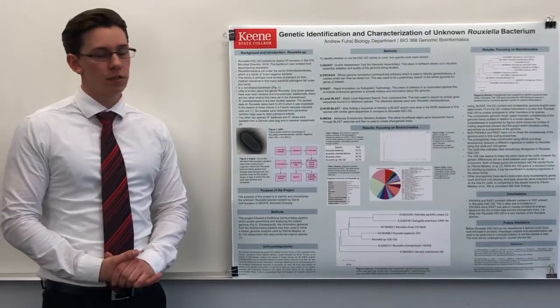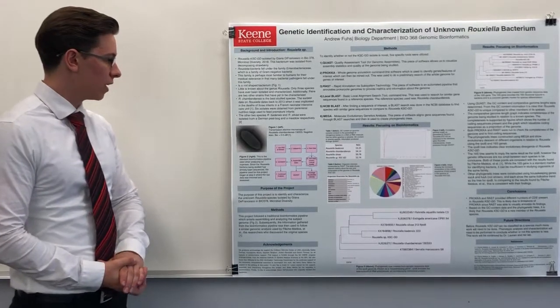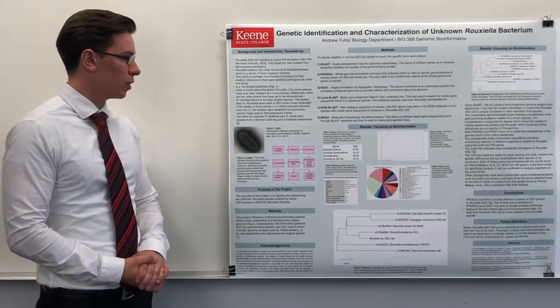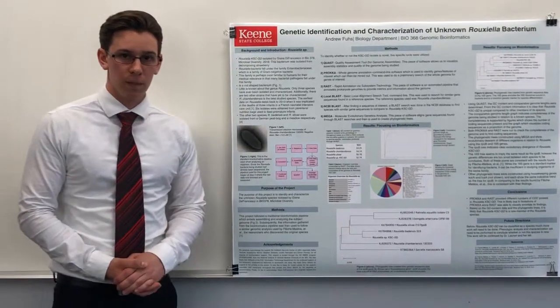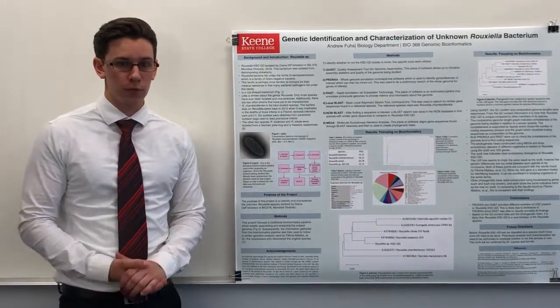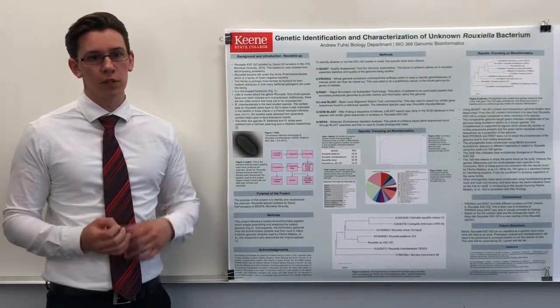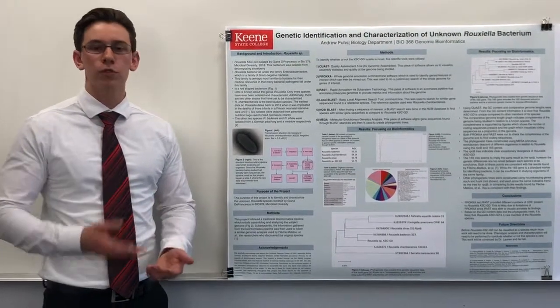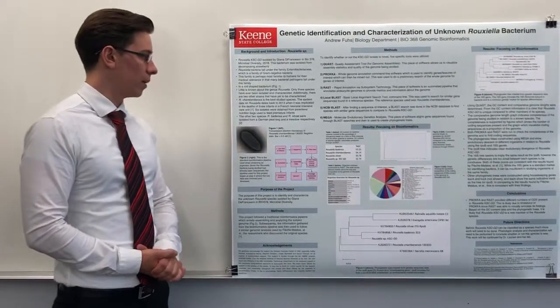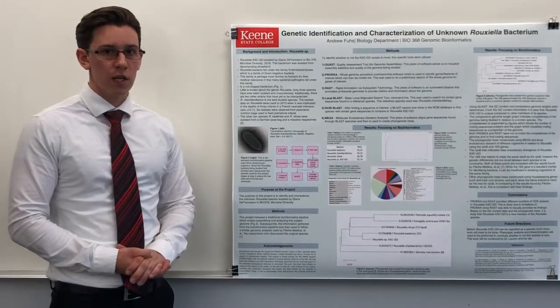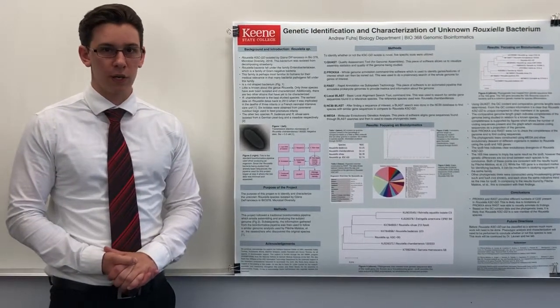The first species to be identified was Rouxiella chamberdiensis, and it was isolated from parenteral nutrition bags, which are feeding bags that you have when you're in the hospital. It's tube feeding, essentially. And so this bacteria was implicated in the deaths of 3 infants in France.